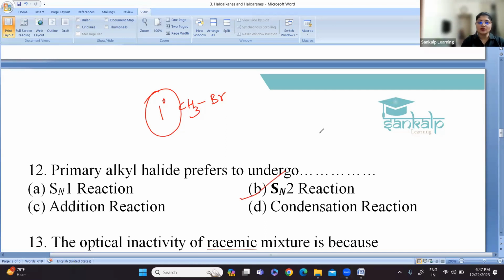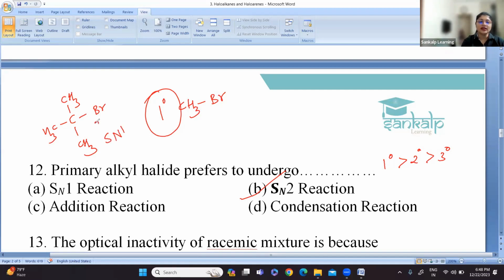Okay, it is SN2. So whenever you have primary alkyl halides, they will undergo the SN2 mechanism. And whenever you have a tertiary alkyl halide, suppose I have this, which is called a tertiary alkyl halide, they will undergo the SN1 mechanism.